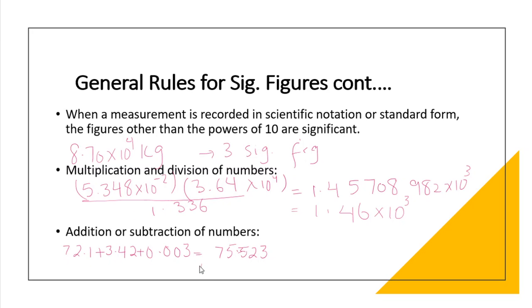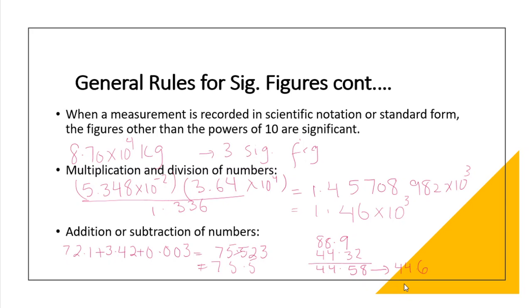So the answer will be 75.5. Similarly, for subtraction, if I'm given 88.9, and if I subtract 44.32, then I get 44.58 as the answer. But the correct answer will be 44.6 if I follow the rules for rounding off.